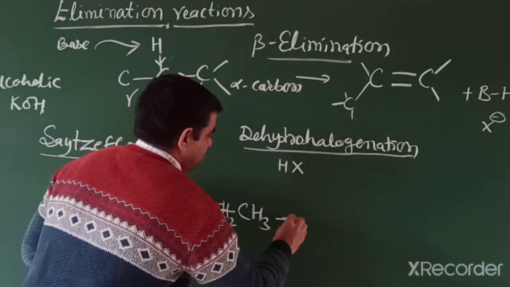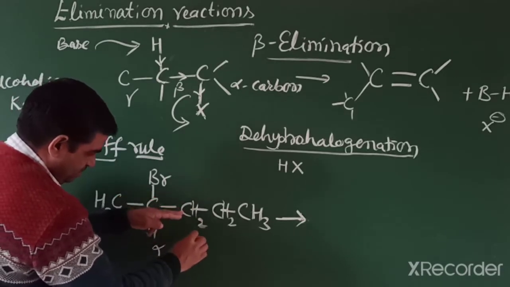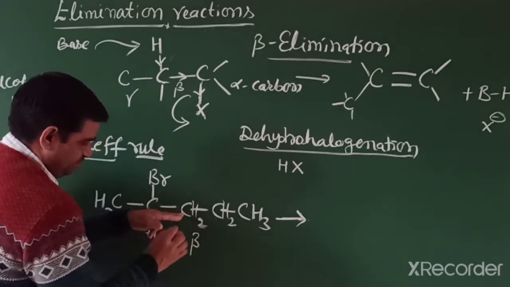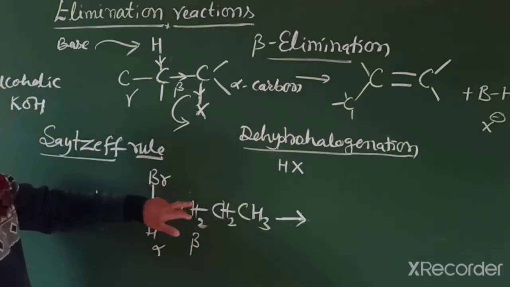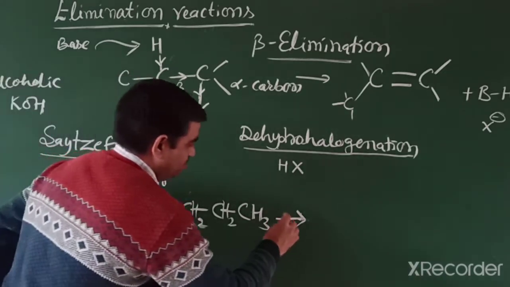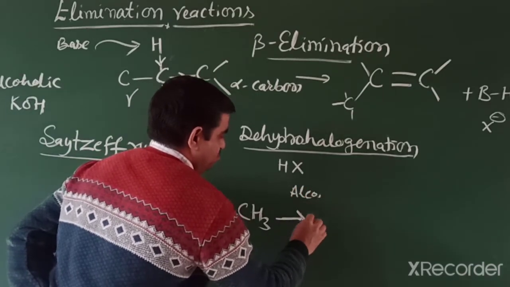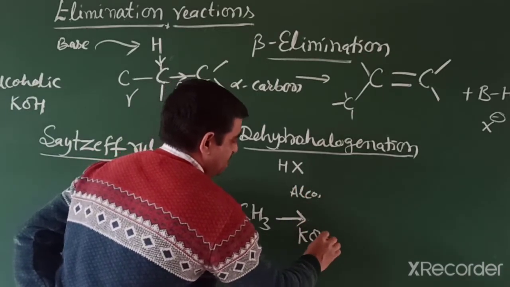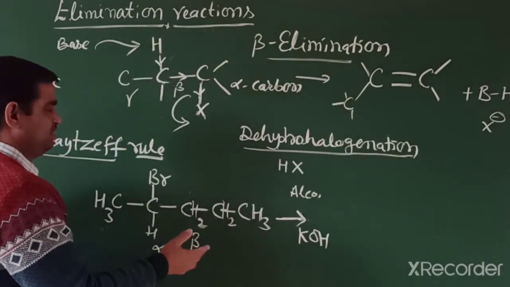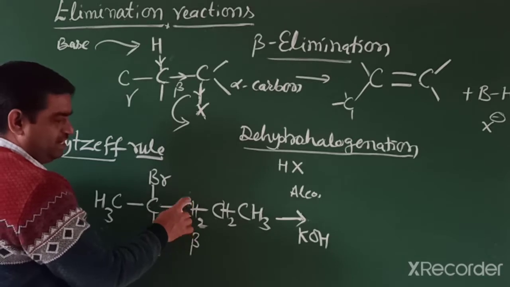So if we remove this hydrogen, this carbon is the beta carbon, and the hydrogen attached to this carbon is known as beta hydrogen. So by using alcoholic potassium hydroxide as a base, this base abstracts the acidic proton, the nearby hydrogen.